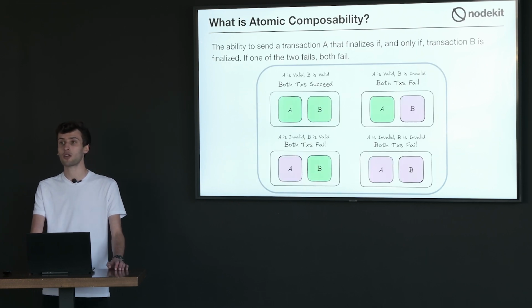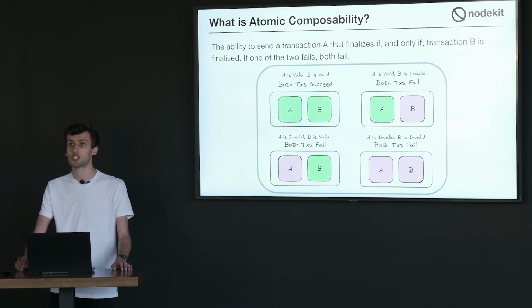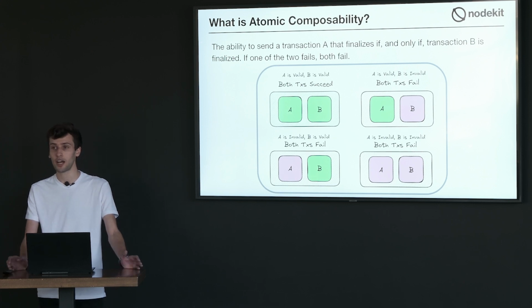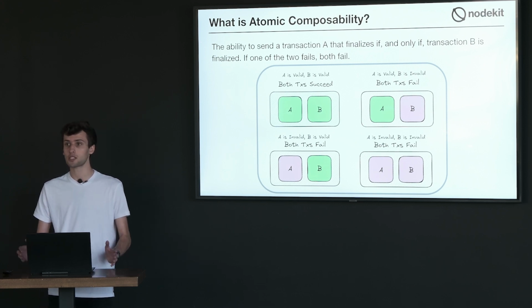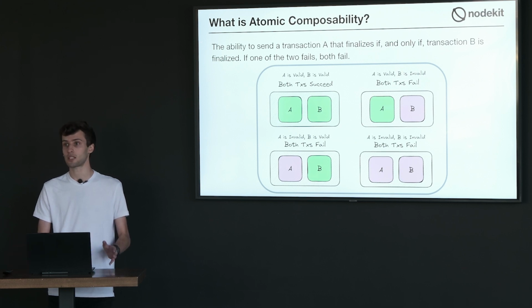To understand why this is interesting, you have to understand what atomic composability is. If you've ever built anything with a database, you're probably familiar with the term ACID. The first part of ACID in regards to database transactions is atomic. If something is atomic, that means either all the pieces of the transaction bundle go through, and for a database, that's state changes.